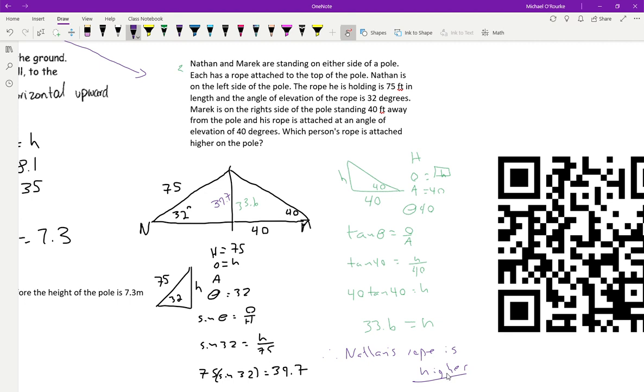Okay? Could you just find the length of the rope on the right side to see if they're longer? No, because you're assuming they're both standing the same distance away from the pole. Right?